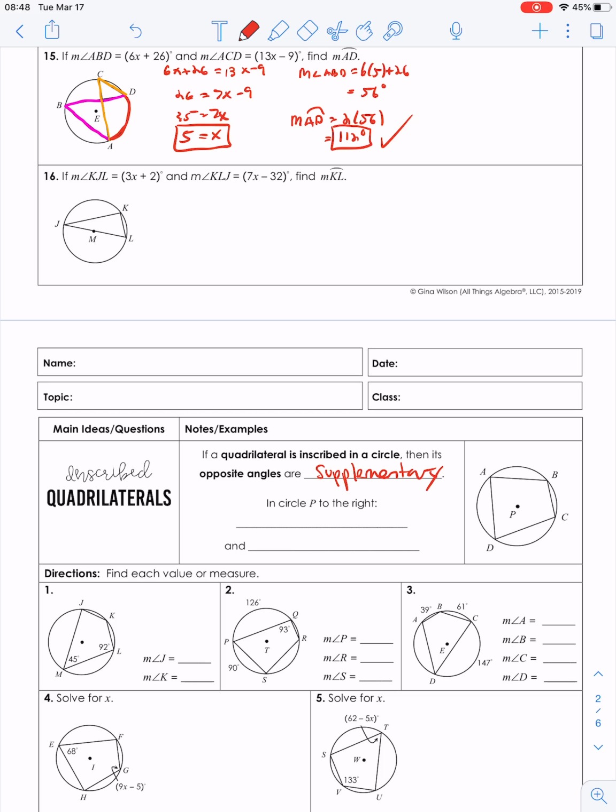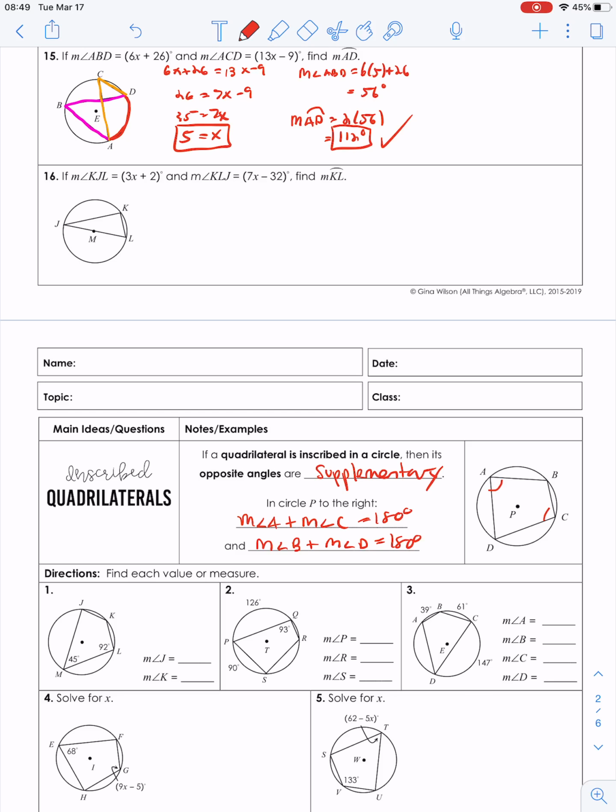So for example, A and C are not congruent, but they do add to 180 degrees. So we say the measure of angle A plus the measure of angle C equals 180 degrees. And we also know that the measure of angle B plus the measure of angle D equals 180 degrees.